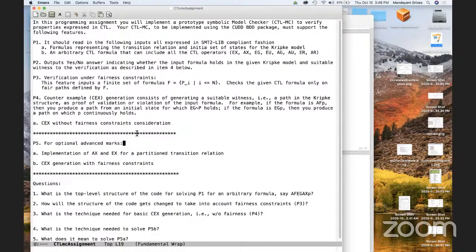The only part where you will need something is some kind of an interface. You have to eventually use BDDs to manipulate these and to construct the formula from the input. You have to construct the BDD, for which maybe we can arrange to give you sample code.